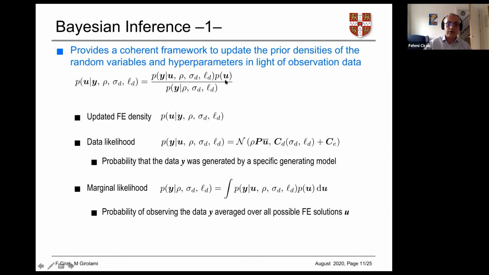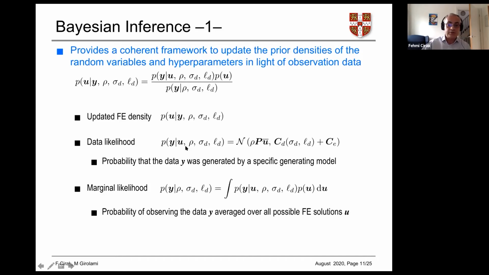And here on the right, we have the prior density for the finite elements, which we obtained from the probabilistic finite element method, which I showed you on the previous slides.